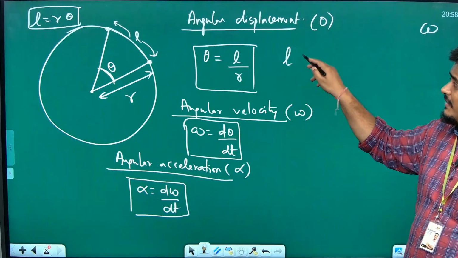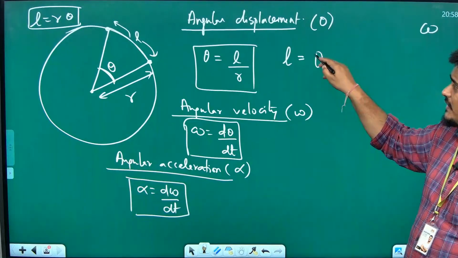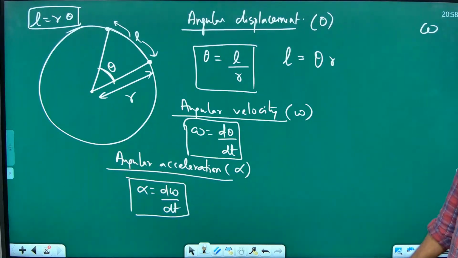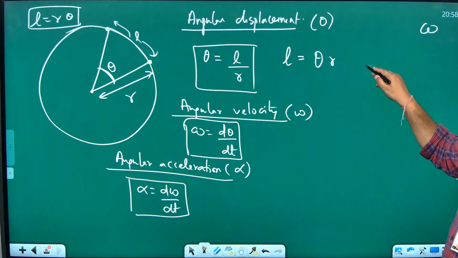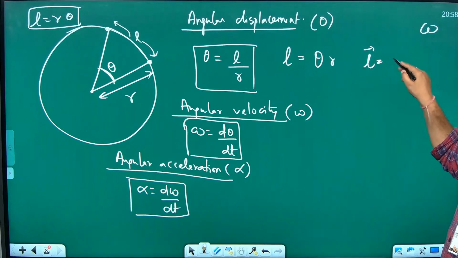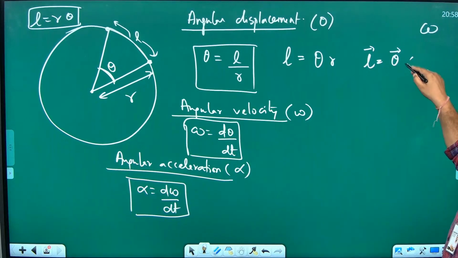So linear displacement is angular displacement into radius in scalar form. In vector form, linear displacement is equal to angular displacement cross position vector. In some questions they will give you r vector is equal to i cap plus j cap plus 5k cap, like that.